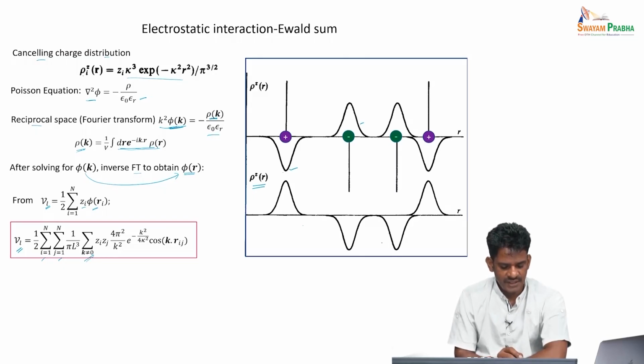This basically indirectly takes care of summing over all the neighboring boxes, and you have the factor Zi Zj, and then you have this cos of k dot Rij. So, we have to select a set of wave vectors, and for those chosen wave vectors we have to operate this and get a long range contribution.